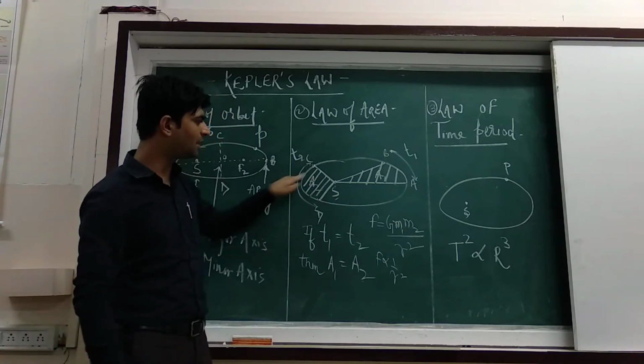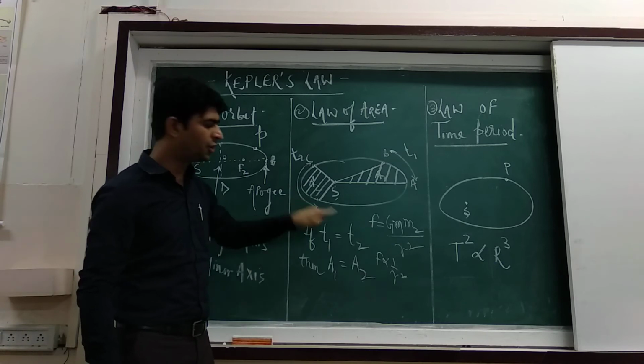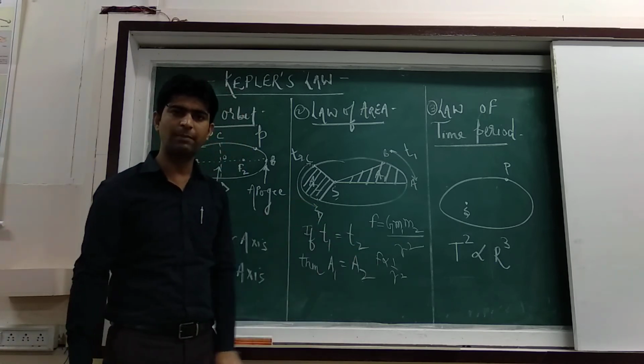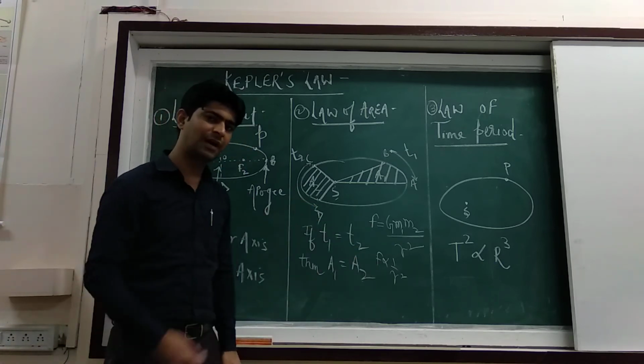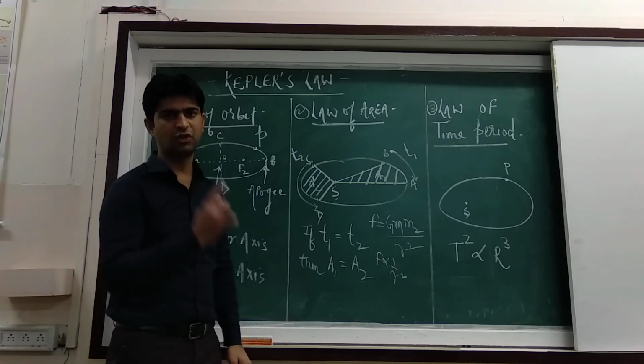But if you take this part, here the distance is less, due to which the force of gravitation will be more, and when the force of gravitation is more, the speed of revolution will be more.